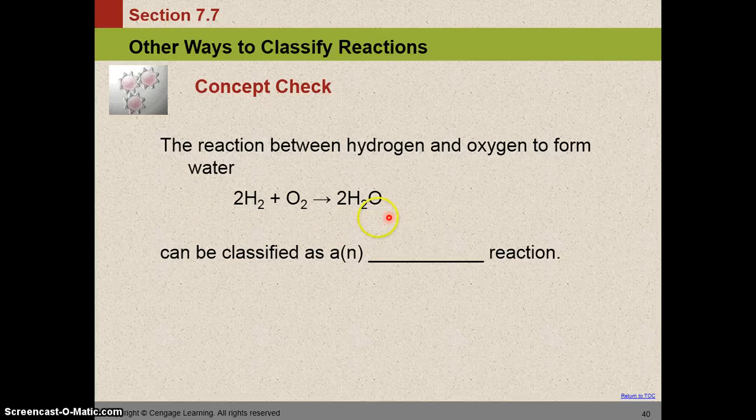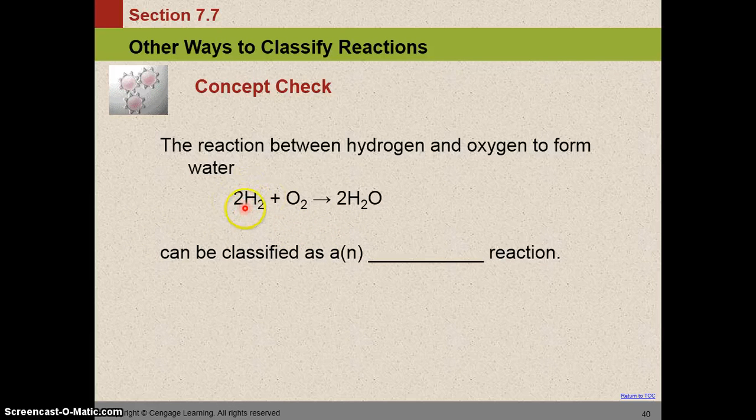The next thing that you ask yourself is, is it an acid-base reaction? Do I have an acid plus a base and it yields liquid water and a salt? And we have water here, not sure what the state of it is. I'm assuming that it's liquid, but we don't have the salt produced, and we don't have hydroxide or hydrogen ions to be given up on this side, so it's not an acid-base.